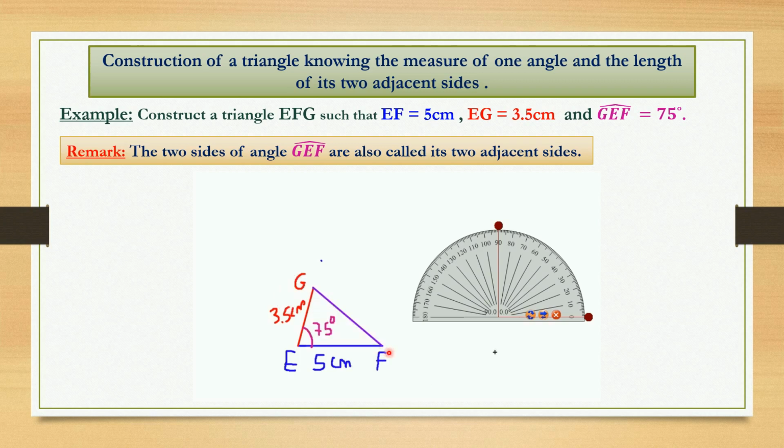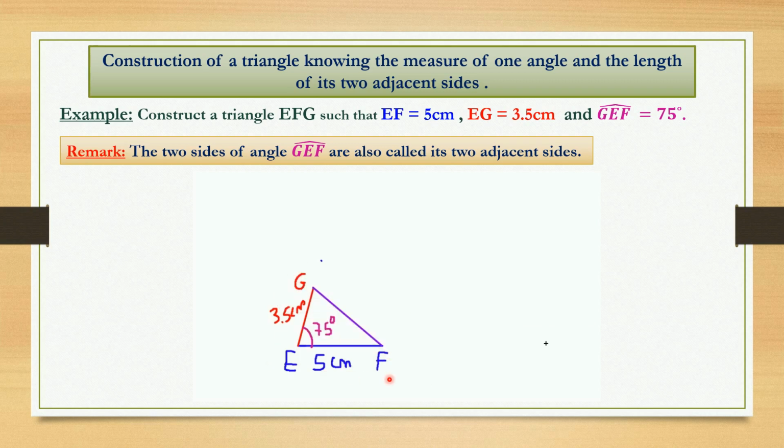I join these two points and I have now constructed this triangle GEF such that EF equals 5 centimeters, EG equals 3.5 centimeters, and these two segments are in fact the sides of this angle GEF.